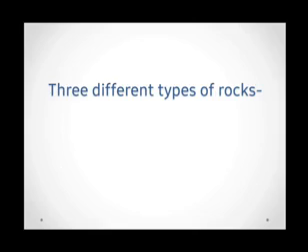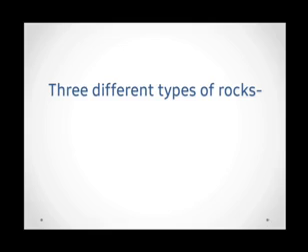There are three different types of rocks. The three different types of rocks are classified according to their formation process. Each type of rock is formed differently, and that difference is categorized into three ways.